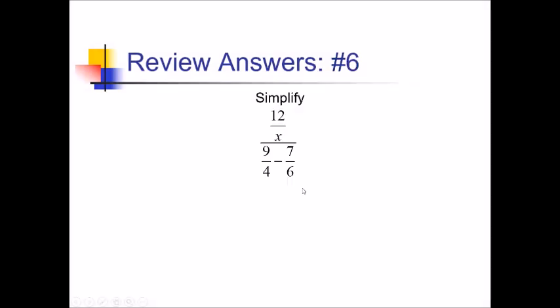To simplify this complex fraction, I must first find the LCD for all of the subfractions within it. So let me go ahead and do that. Looking at my numbers for my mini denominators here, my subdenominators, I've got a 4 and a 6. Smallest thing that 4 and 6 go into, that would be 12.